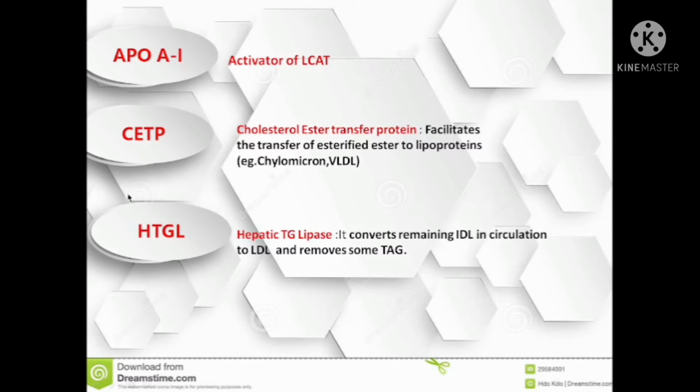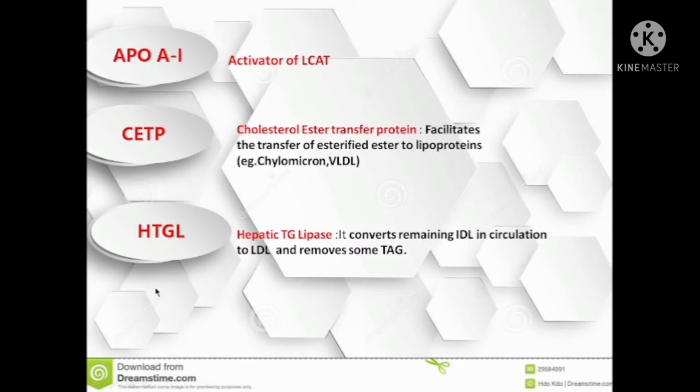But the hepatic triglyceride lipase found in the liver converts the remaining intermediate density lipoprotein, IDL, in circulation to low density lipoprotein. And it also removes some triacylglycerol from the product. So remember the two, hepatic triglyceride lipase and lipoprotein lipase.